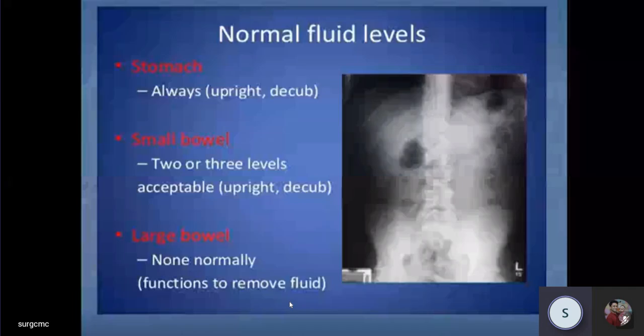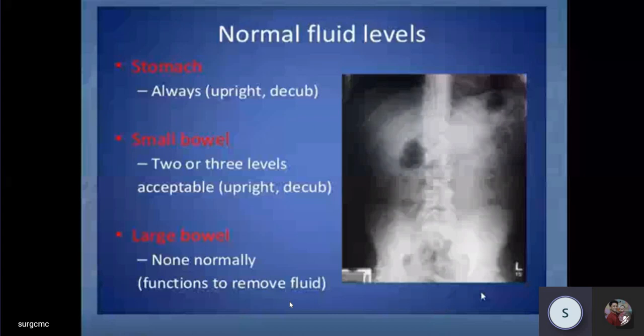Now the question is, can there be multiple air fluid levels in a normal patient? Yes, there are a few. One, in the stomach. As this is the fundus, there is always some amount of gas in the fundus, always in a straight or upright position you can get it. And in the small bowel also, two to three small air fluid levels are normally acceptable. Generally in the large bowel there are none.